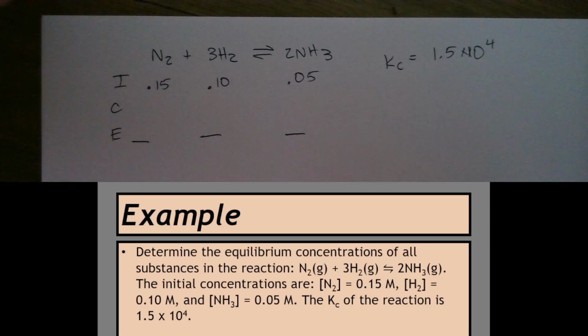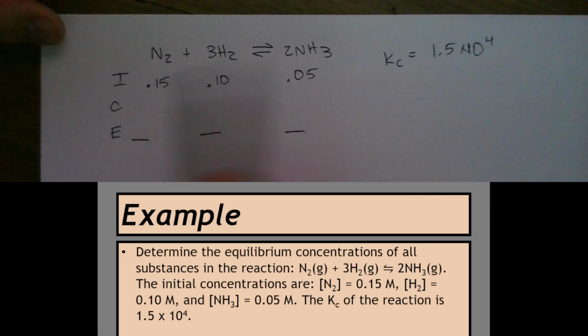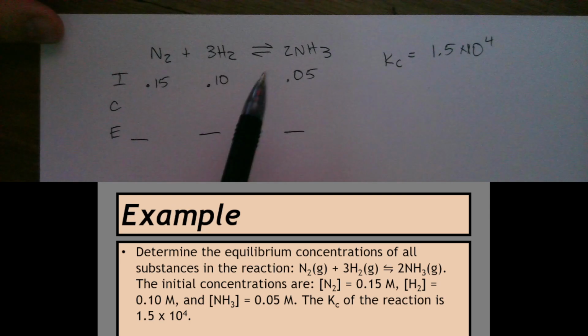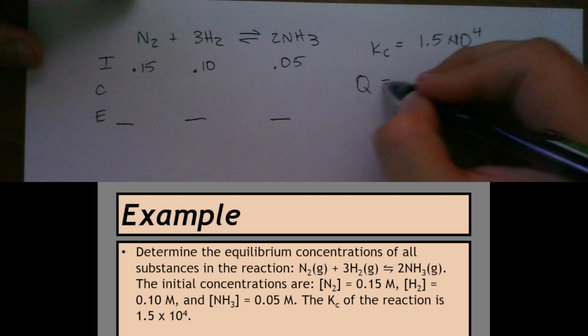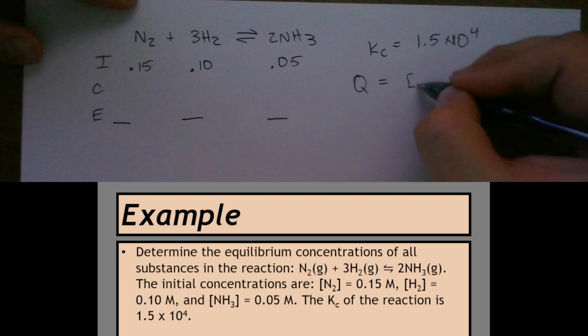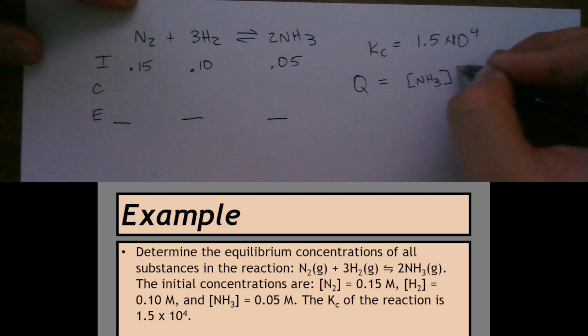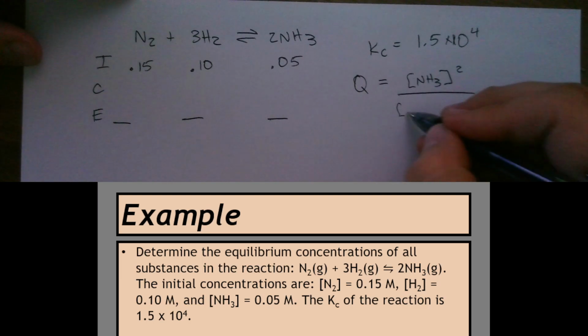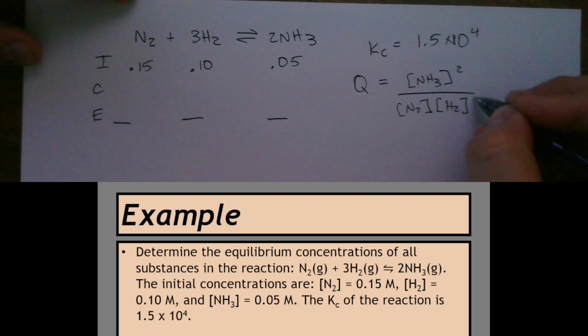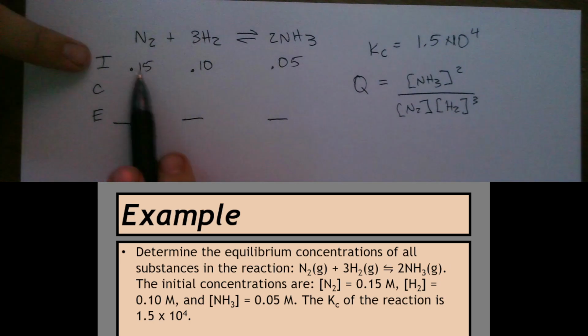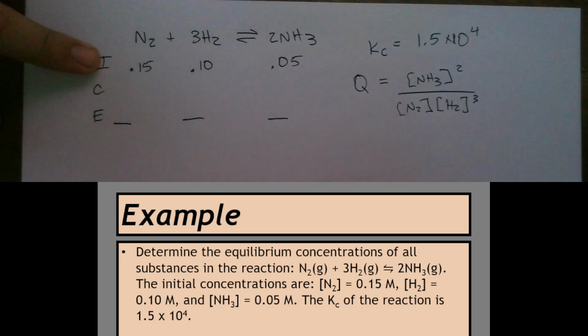All right, so let's start to break it down. I need to see which way does this reaction go. Well, none of these are zero, so I have to do a little bit of math to figure that out. I got to find Q. Q is going to be products over reactants. It's going to be my NH3 squared over my N2 over H2 cubed, but it's with my initial concentrations.